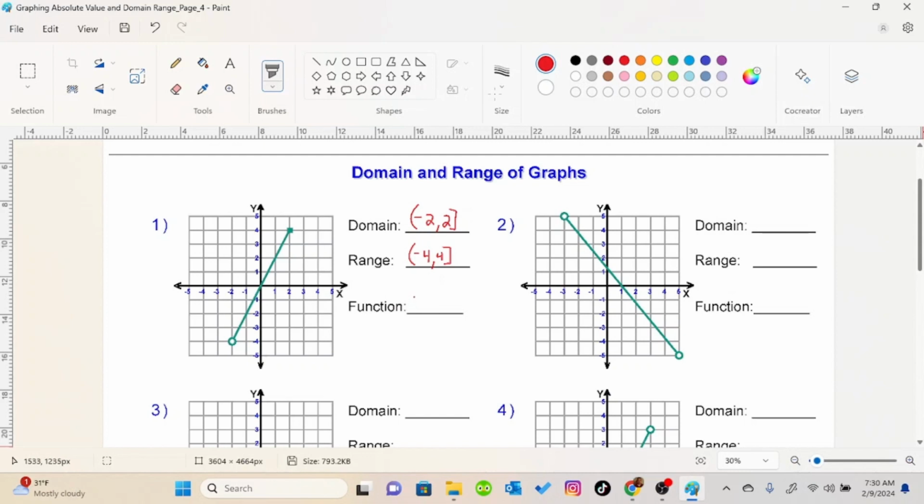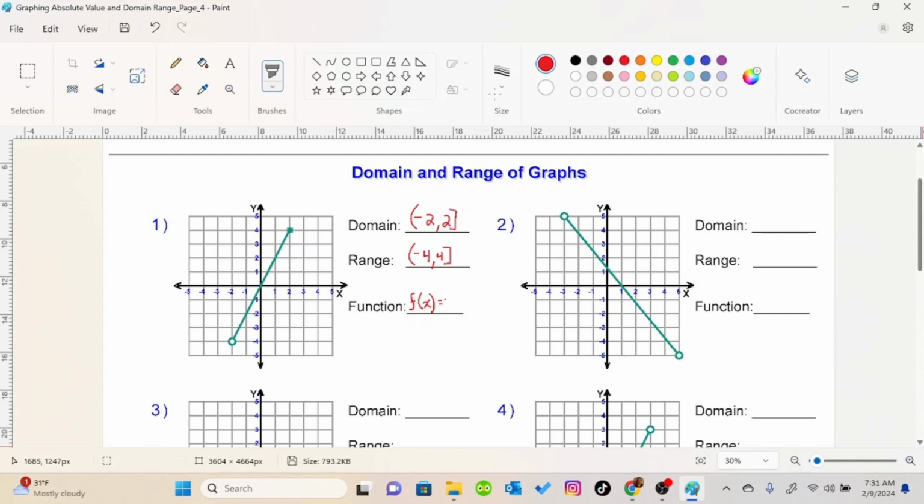Our function we can write in function notation. So f of x equals our slope. If we start at the origin, we can see we go up 2 over 1 to get to the next point.